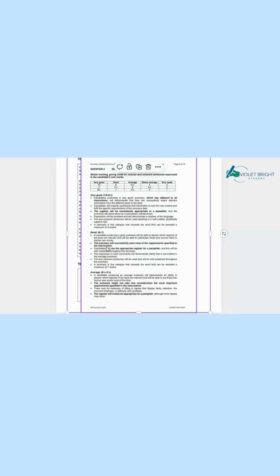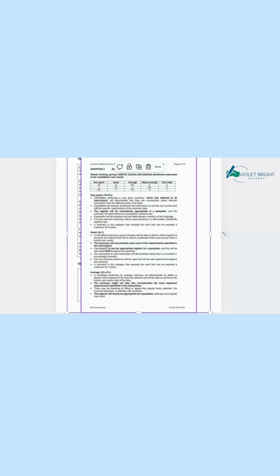And then the next bullet says candidates will expertly synthesize that information to suit the new context and fulfill the specific requirements of the summary task. Remember, now you will be writing in your own words, meaning that the information you're given has been manipulated. Since you are the one manipulating it, you should also be able to make it fit together, gel together well, right? And your sentences, this means when you're writing your paragraph, it's not just a paragraph of multiple sentences. Some sentences are able to link together using your conjunctions.